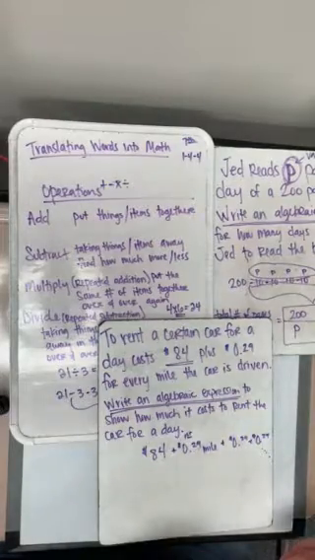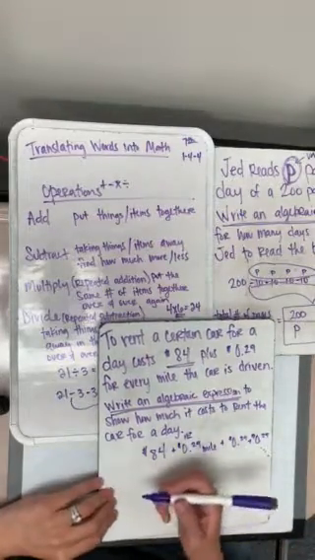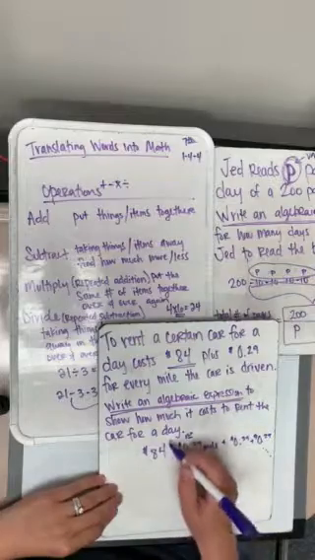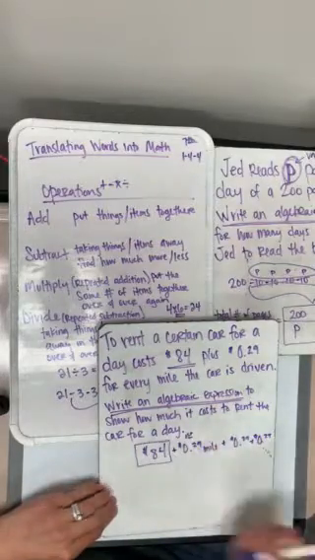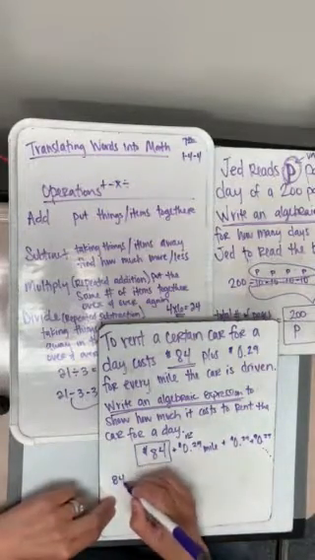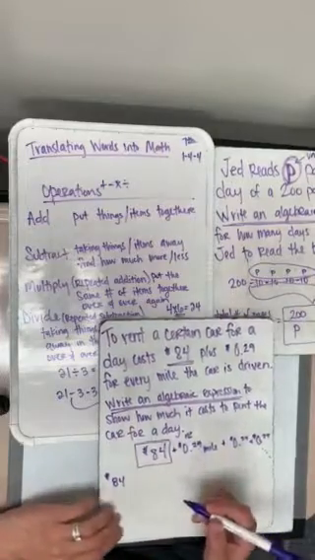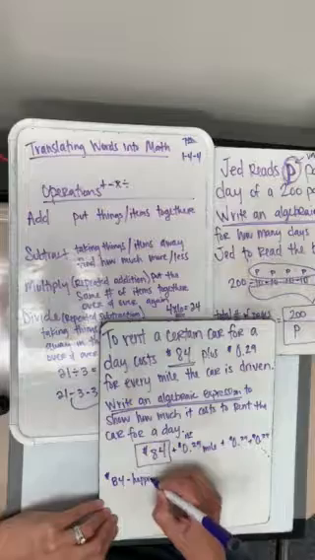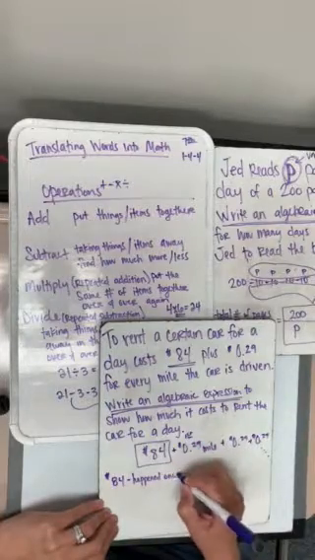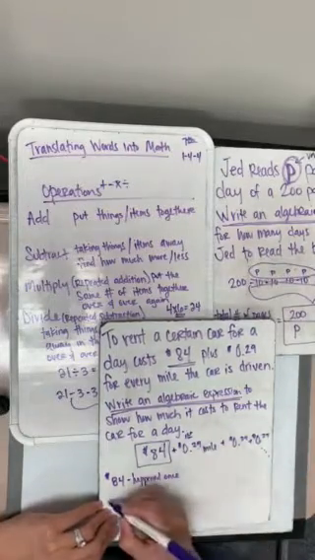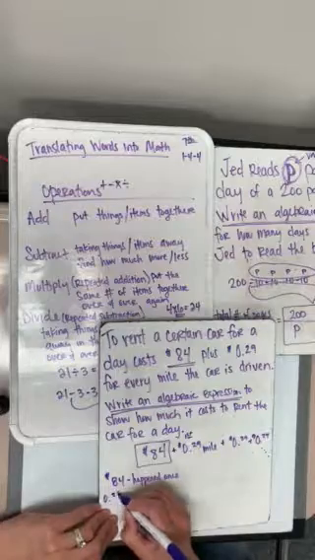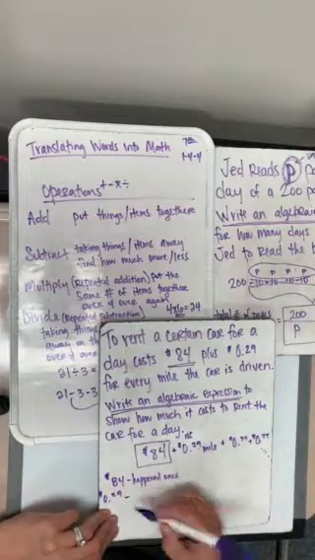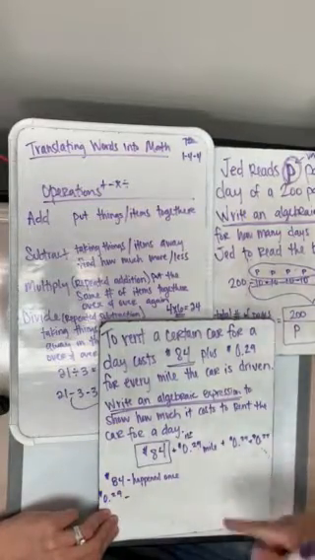So if you notice, if something happens one time, it is going to be without a variable. So $84 happened one time. Now this 29 cents is happening over and over and over again.